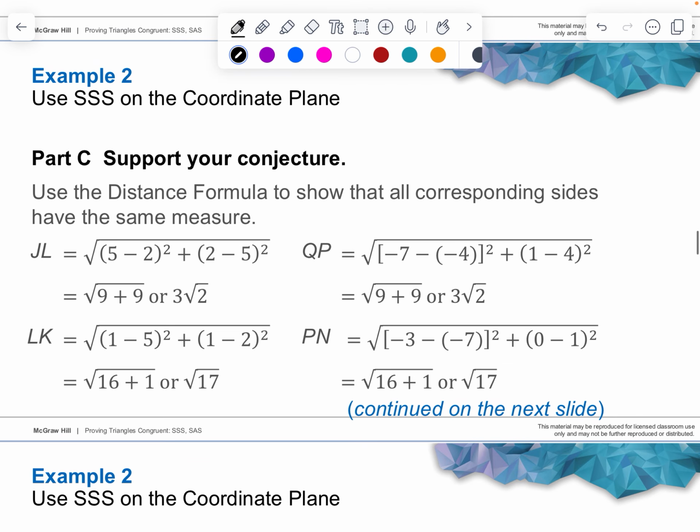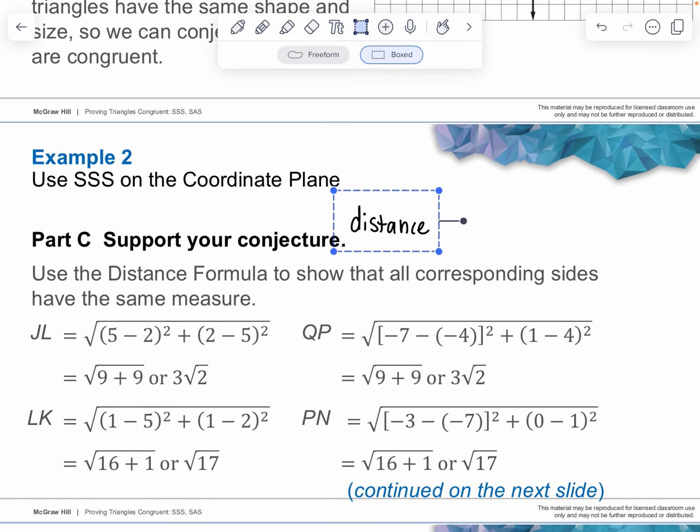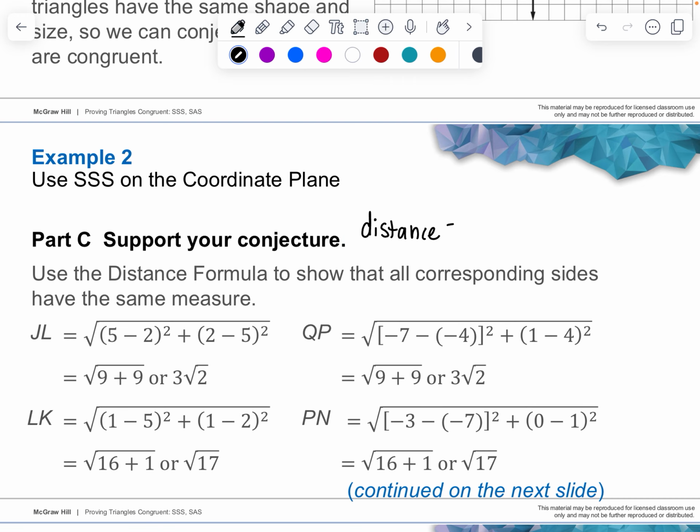So distance formula again: distance equals the square root of x2 minus x1 squared plus y2 minus y1 squared. There we go.